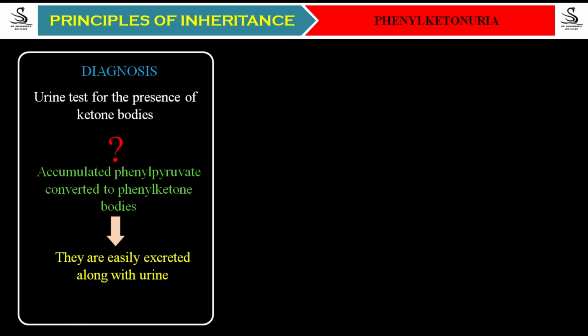If it were absorbed earlier, then we could use the word reabsorption. The absorption of the phenylpyruvic acids, or the phenylketone bodies, is very, very poor in the tubular part of the nephron. Hence it is excreted more and more through the urine, and we can easily diagnose by observing the presence of the ketone bodies in the urine.